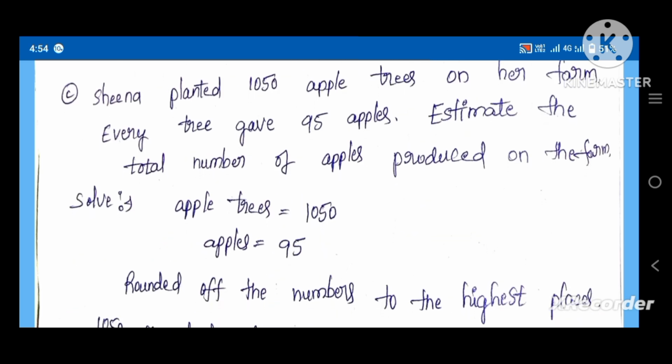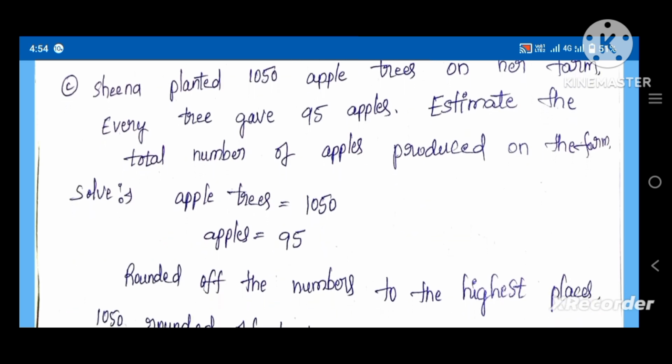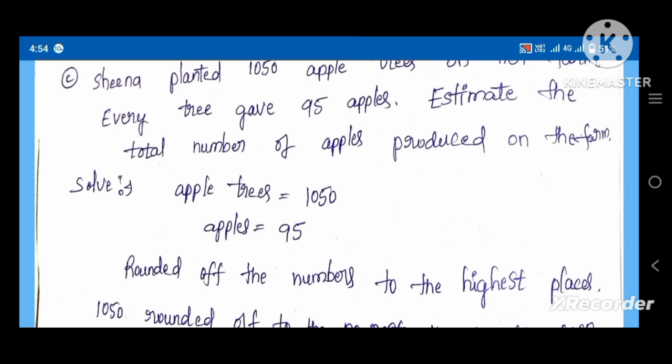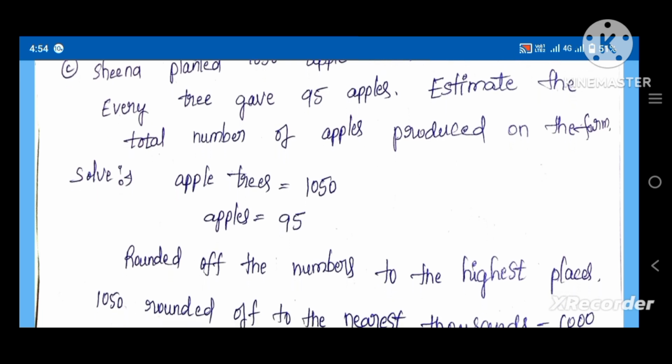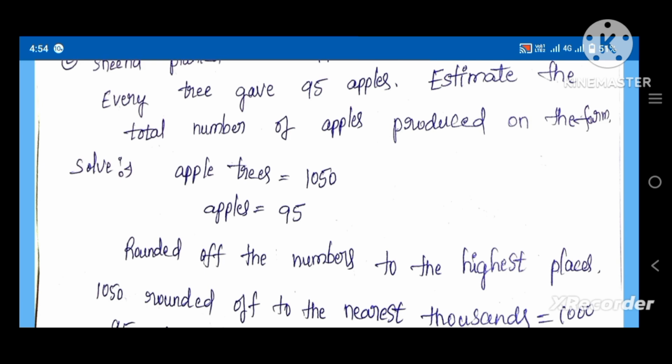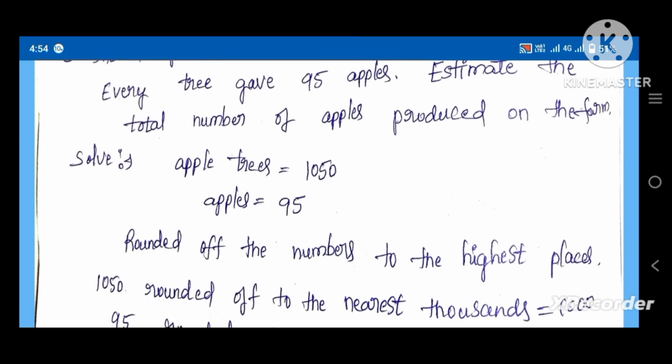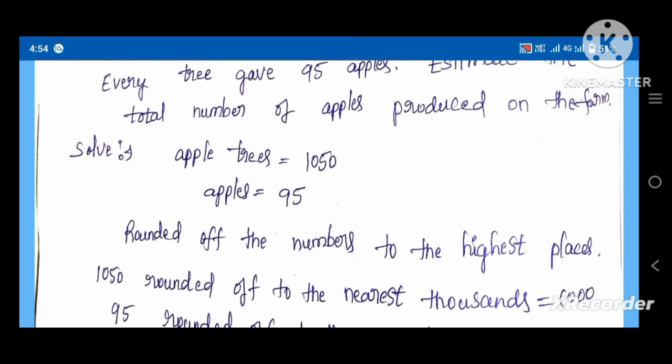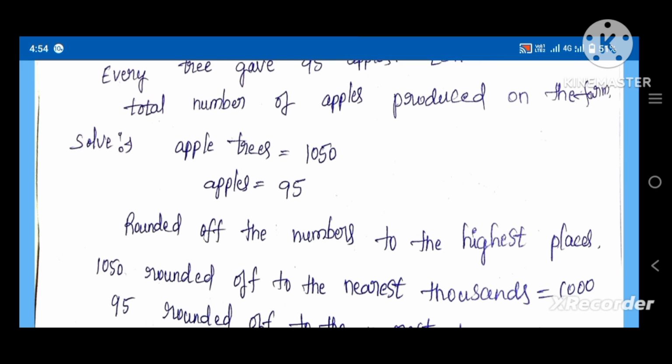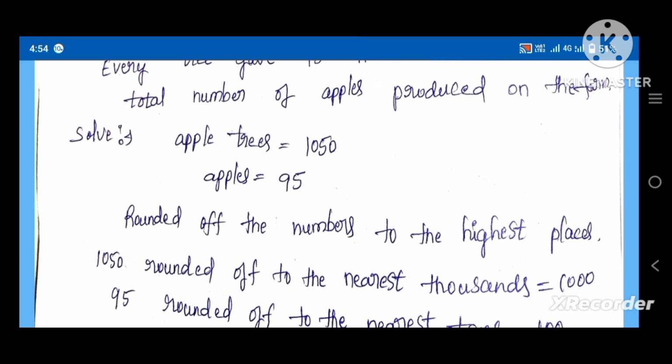Question number C. Sheena planted 1050 apple trees on her farm. Every tree gave 95 apples. Estimate the total number of apples produced on the farm. Solve. Apple trees is equal to 1050. Apples is equal to 95.